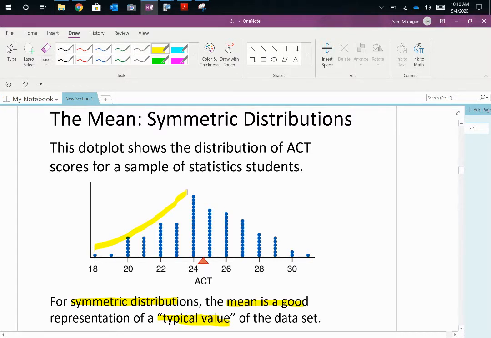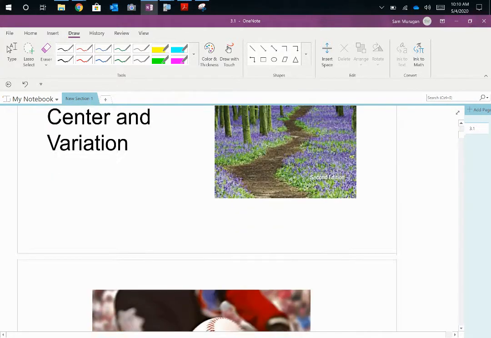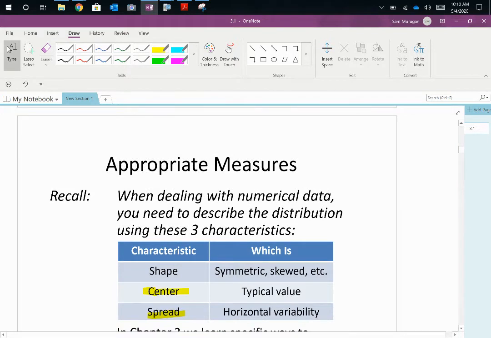Whenever the distribution is symmetric, then we can go ahead and use the mean. This is a dot plot of the distribution of ACT scores, which is why we're only talking about center and spread, because we're assuming that the shape is symmetric.